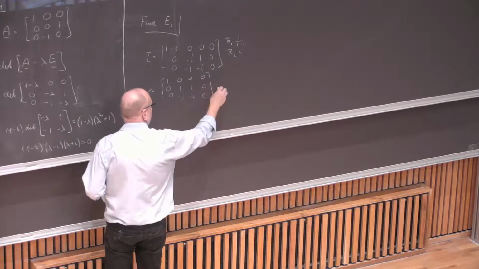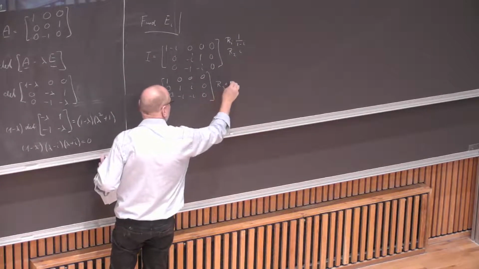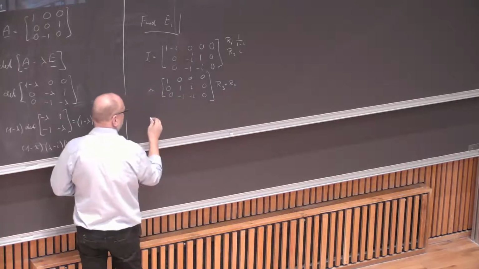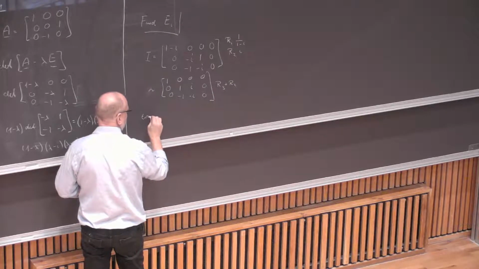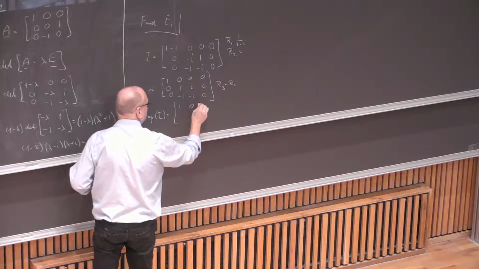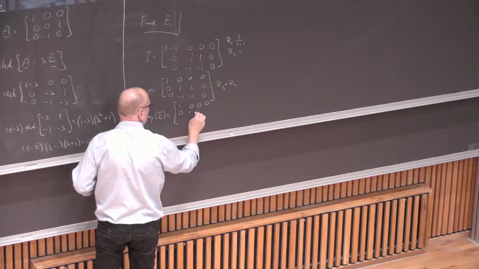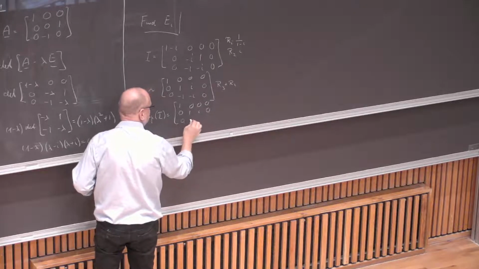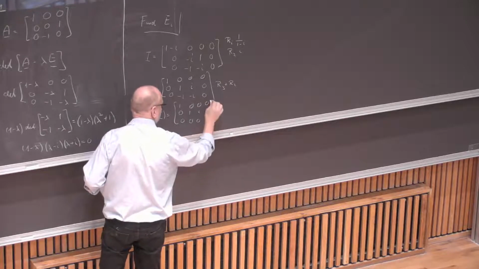And then if I add R2 to R3, I get my fully reduced matrix as 1, 0, 0, 0, 0, 1, i, 0, and then 0, 0, 0.